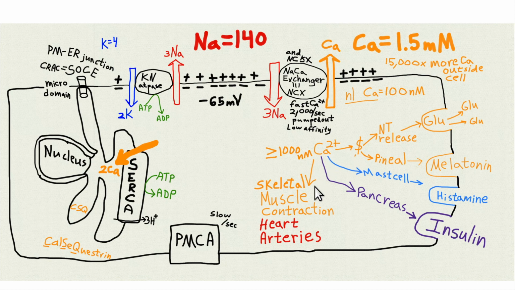Okay. In addition, for muscle cells, like skeletal muscle cells, calcium going up inside the cytoplasm will cause the cell to contract. In heart muscle cells, it'll cause the initial pacemaker cell to beat, but it'll also cause heart muscle to contract.